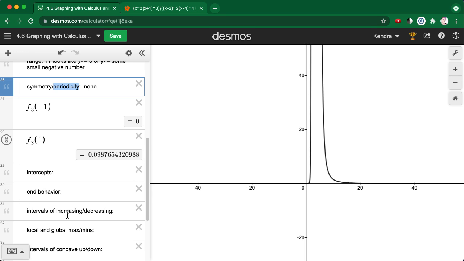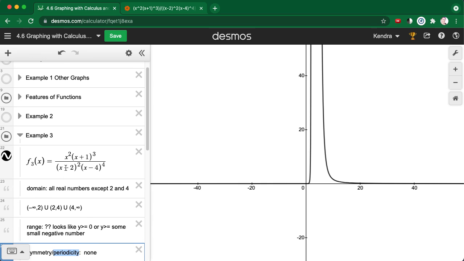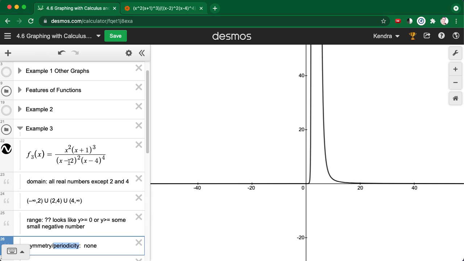All right, intercepts. So it looks like we have an x-intercept at x equals -1, and a y-intercept at x equals 0. If x equals 0, then y equals 0 as well.